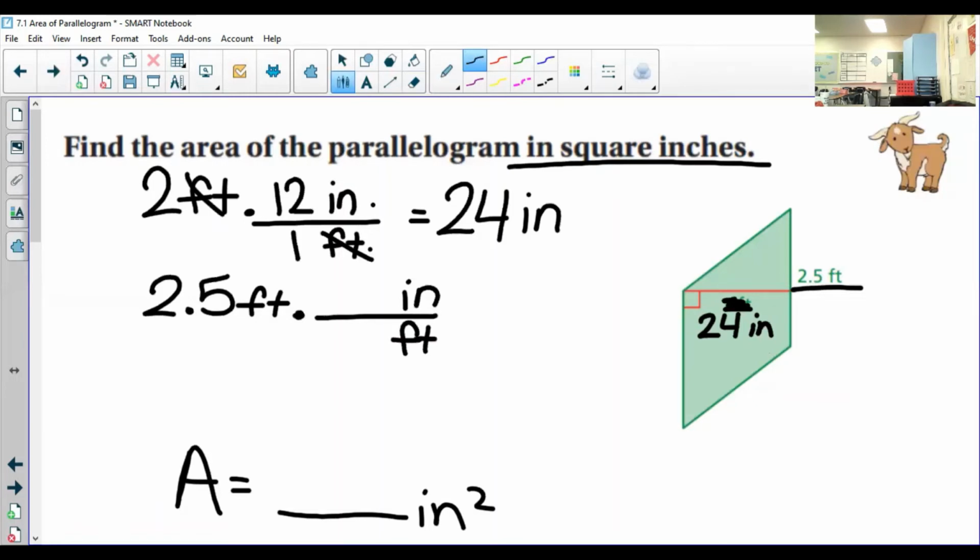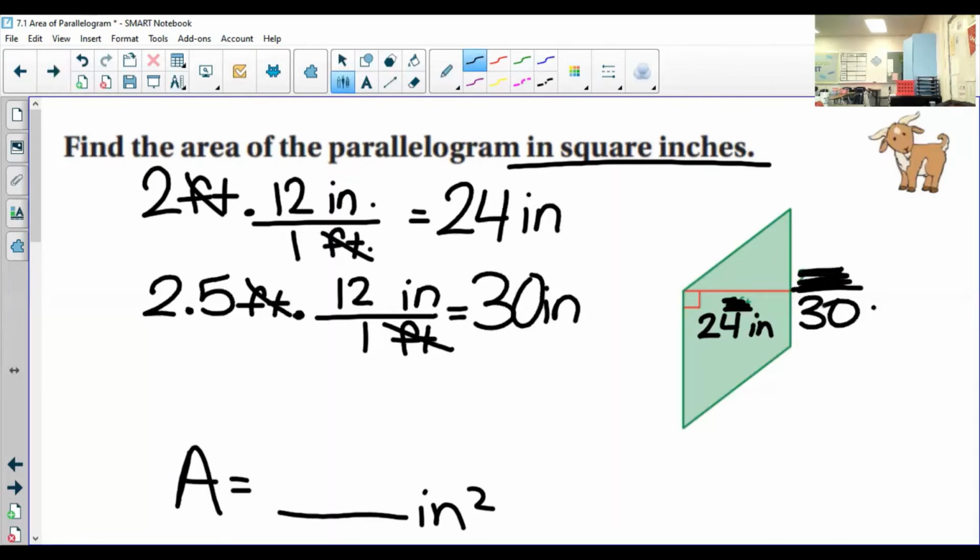We already found out 1 foot is 12 inches. My feet are going to cancel, so my answer will be inches. And what is 2.5 times 12? Well, if you know that, great. Otherwise, you can put it in your calculator. The answer is 30. So no longer is this 2.5 feet. It is 30 inches.